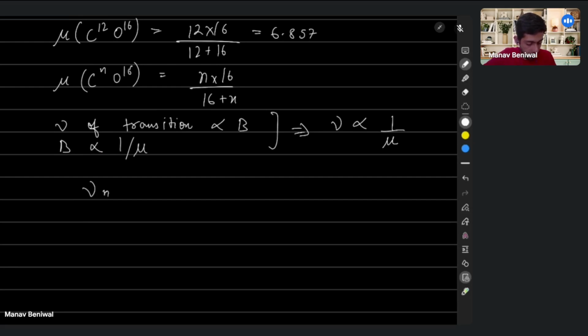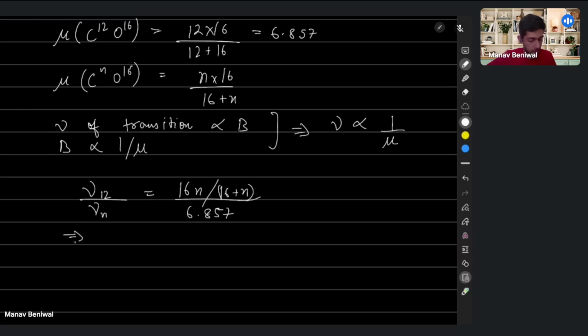I'll write n here and 12 here, and then their ratio, because we have written 12 here, 16n divided by 16 plus n will come here, and 6.857 will come here.